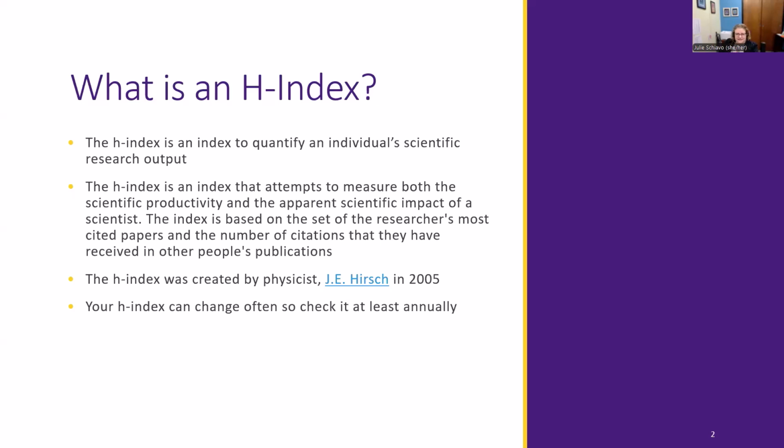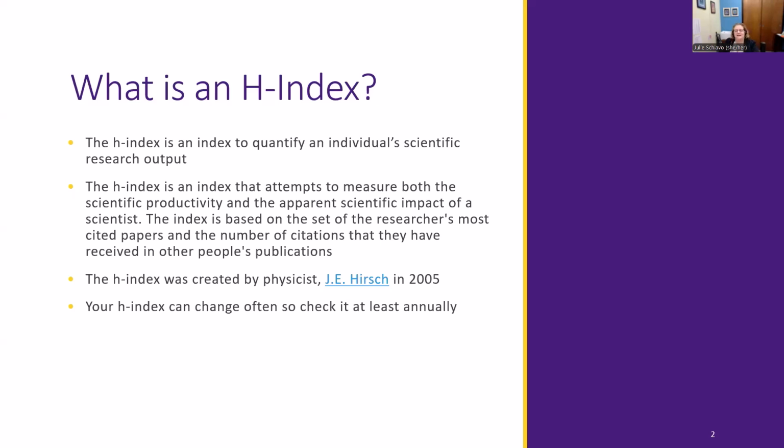An H-index is an index to quantify an individual scientific research output. So the H-index is an individual measure. This is a way to measure the scientific productivity and the impact of a scientist on the field.